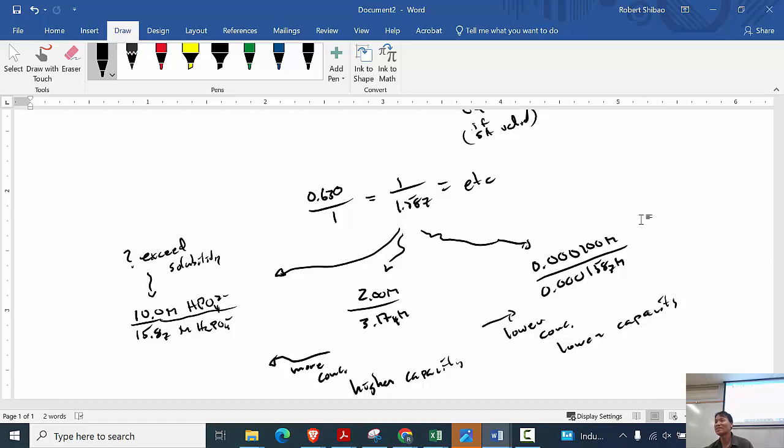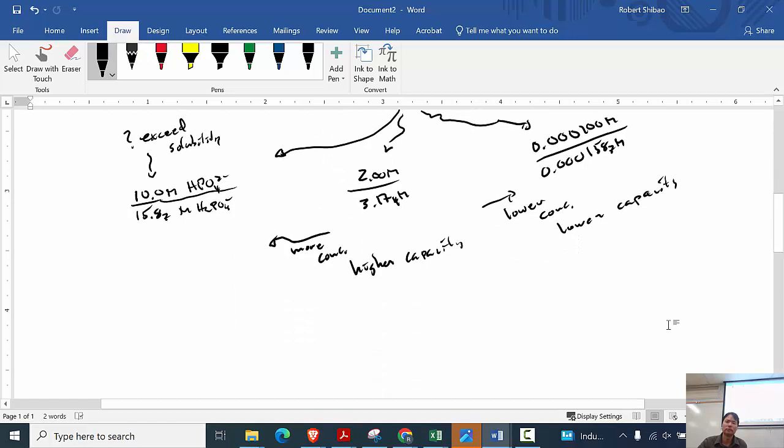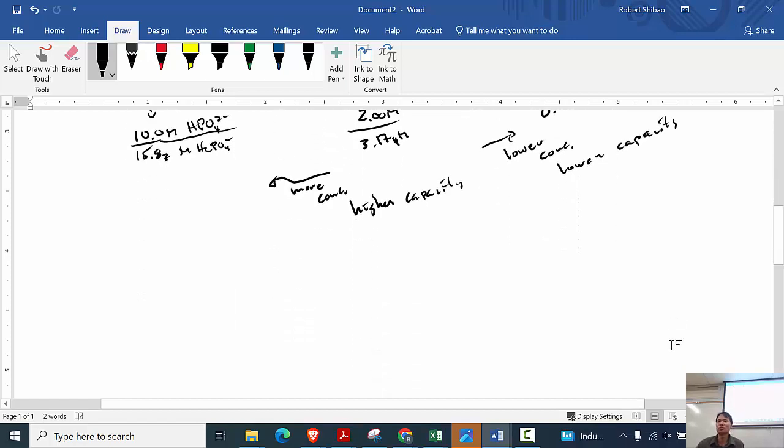If your acid is too weak, and you're adding an even weaker base, then you might not get as much. But the pH isn't going to change much either way if everything's weak.